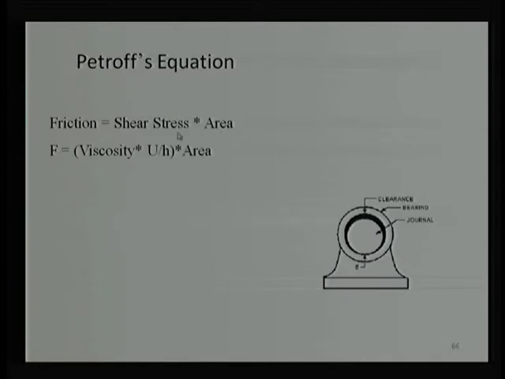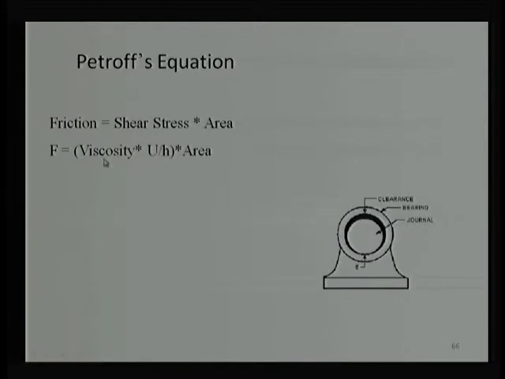So, area into shear stress, and for a Newtonian fluid we know shear stress can be represented as viscosity into the velocity gradient. Here the velocity is u or v, whichever, because in most Petrov relations he represented velocity as v, not u. But in this case we use u by h into viscosity.